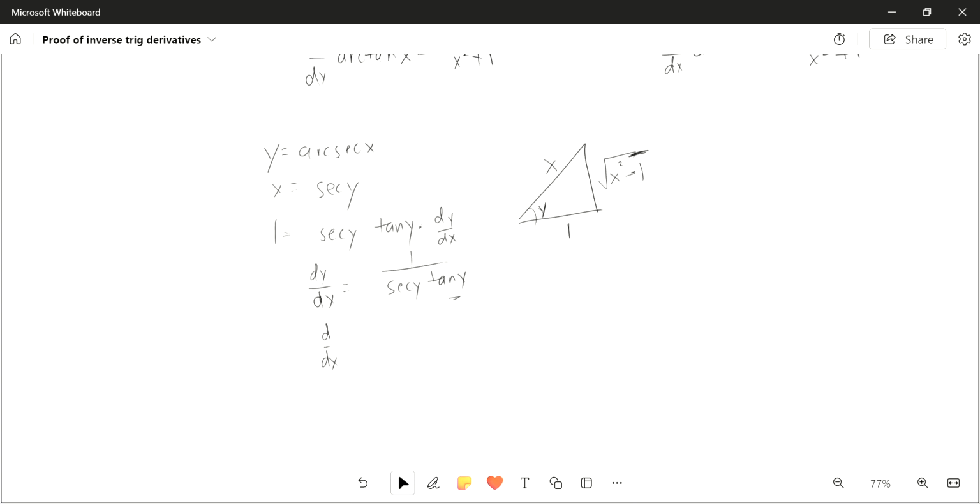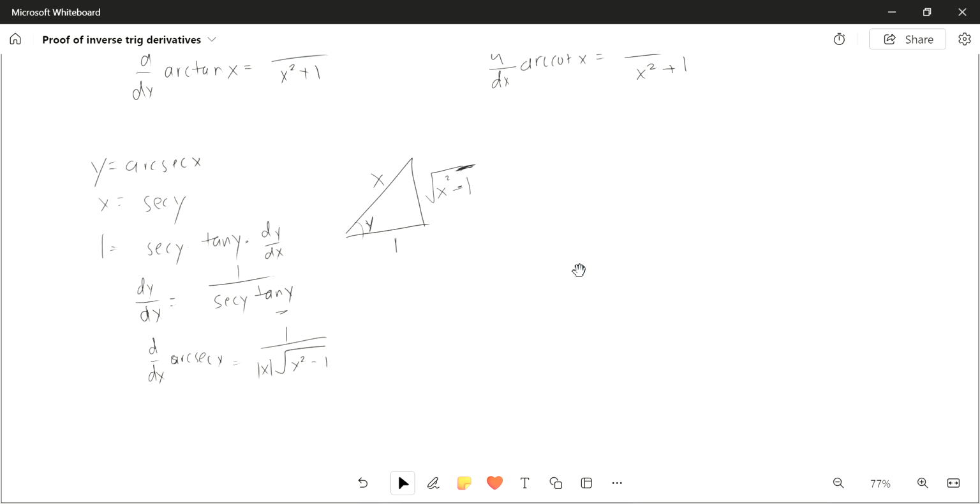So we have the derivative of arc secant x is equal to 1 over x multiplied by the square root of x squared minus 1. But since arc secant is only defined on a certain interval and it's always positive, we have this absolute value over here.